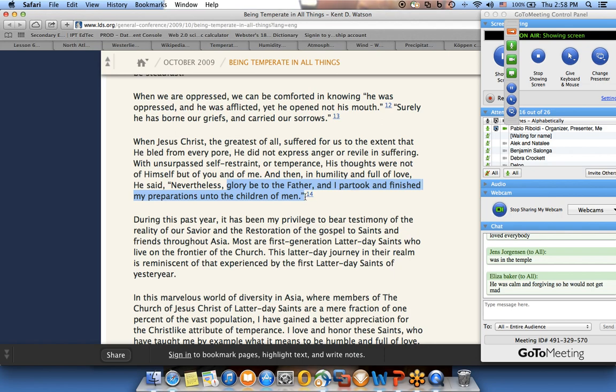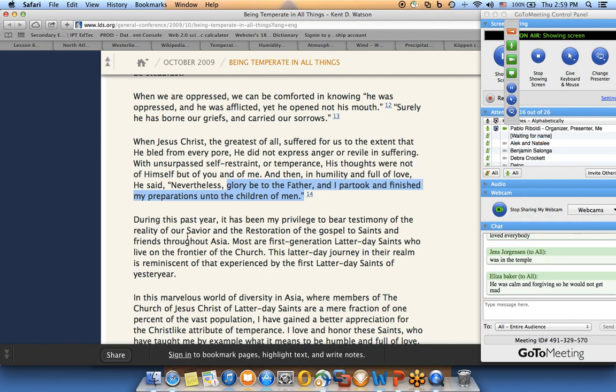So imagine when Christ was suffering the agony of the atonement for all the sins of all of us, he did not complain. He remained calm and he remained focused on being forgiving. He didn't get mad with those that scourged him or nailed him to the cross. So that is the highest example of temperance.